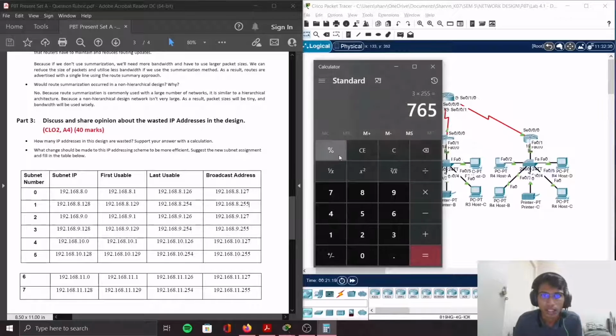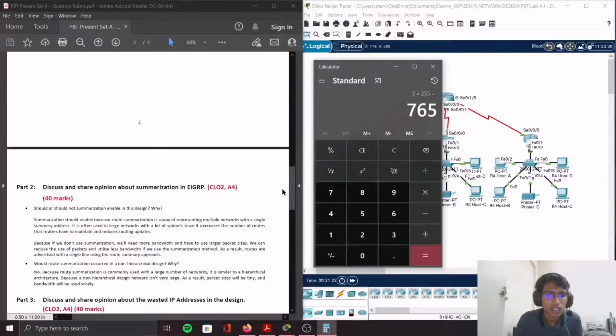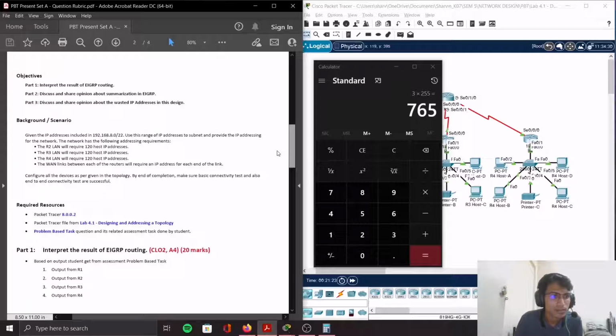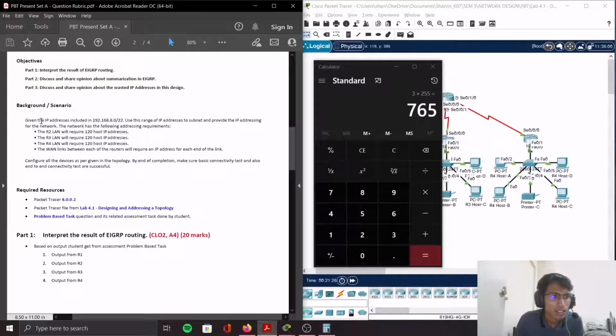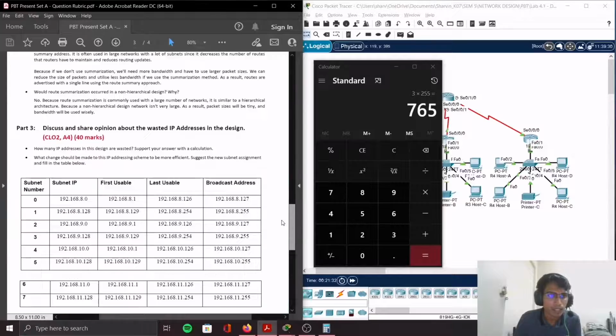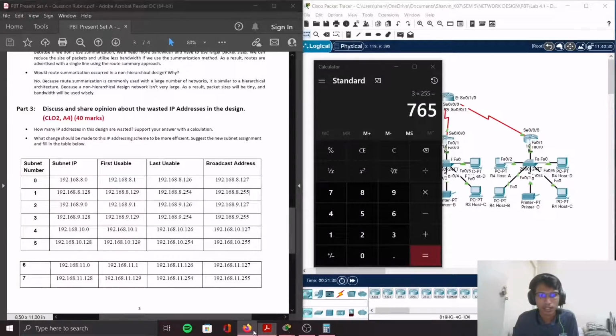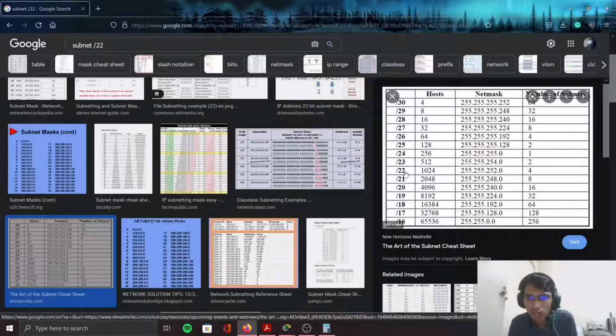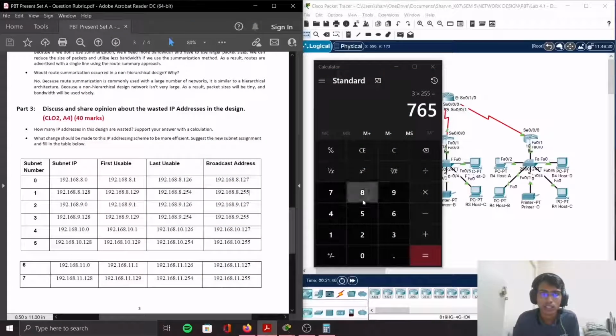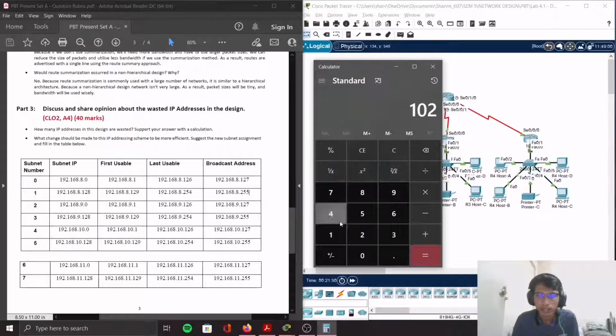At the top you can see they gave the IP address 192.168.8.0/22. A /22 subnet means it has 1024 addresses.